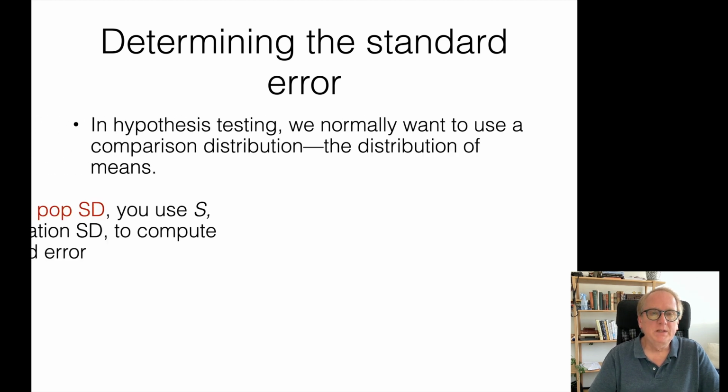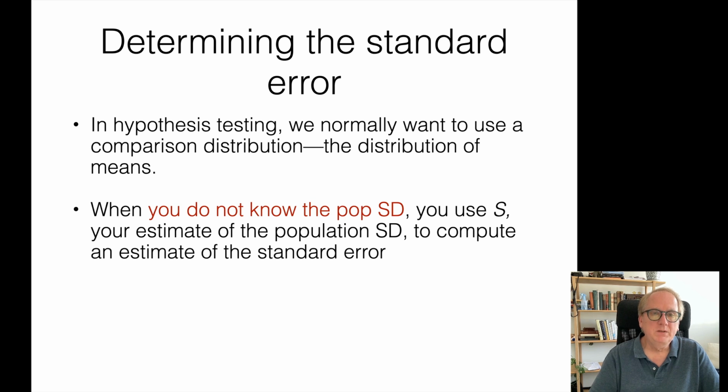But again, this is all when we know the population standard deviation. But what about when we don't know it? When we do not know the population standard deviation, what you do is use S, our estimate of the population standard deviation, to compute an estimate of the standard error. Now the S, again, is the formula for the standard deviation where n-1 is in the denominator.